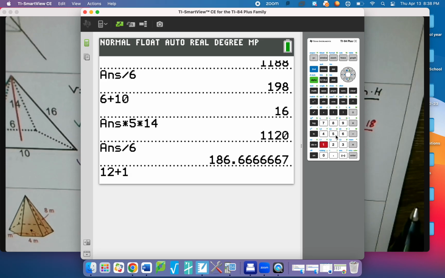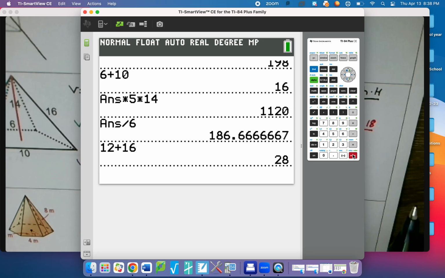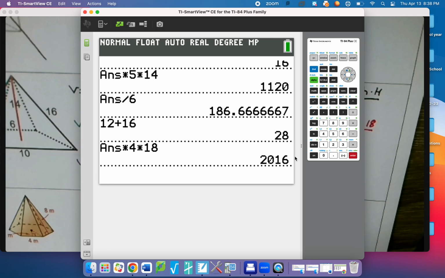12 plus 16. Enter. Be very careful on the calculator that you hit that addition before you do any multiplication, because if you type them in all in the same line without parentheses, the calculator will instinctively do the multiplication first and save the addition for last. Oh, that's fun, 2016.